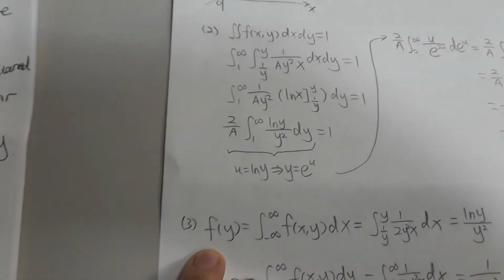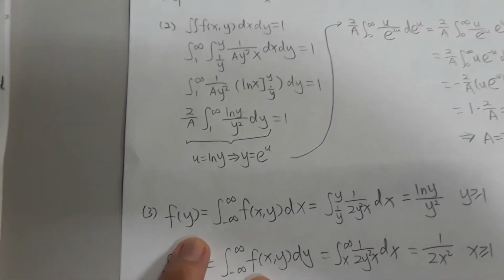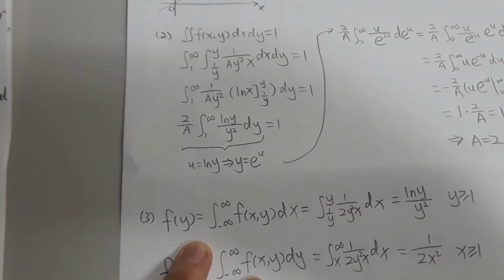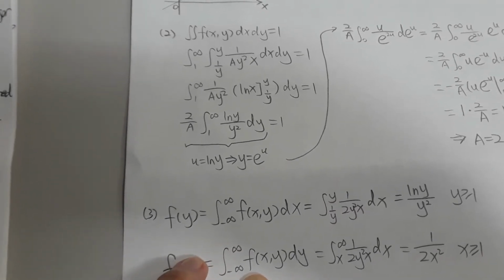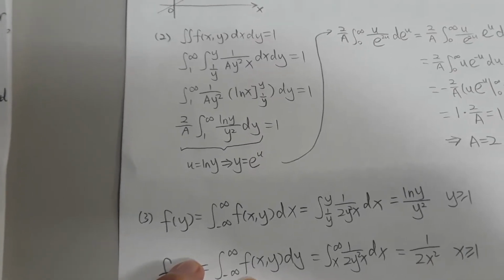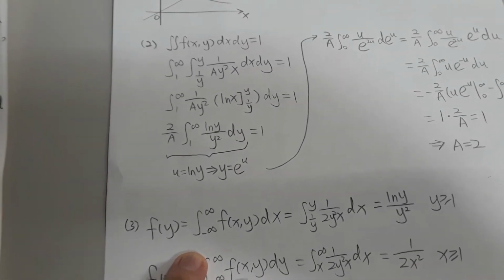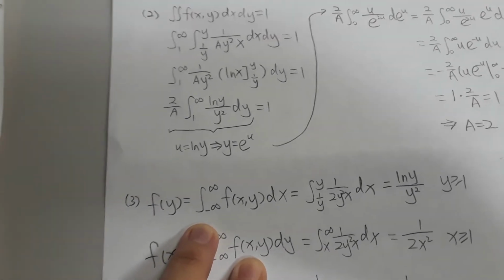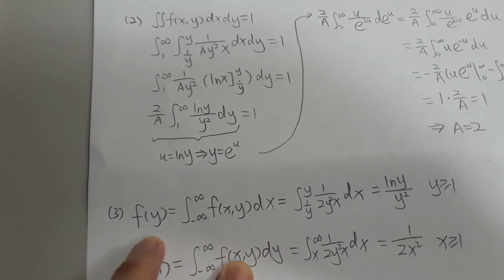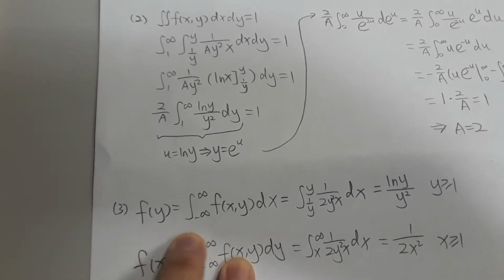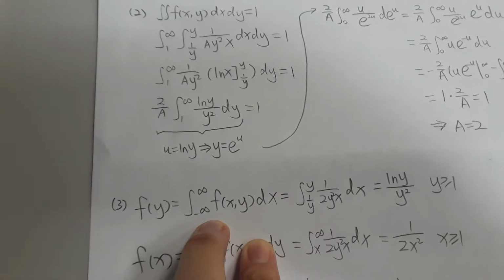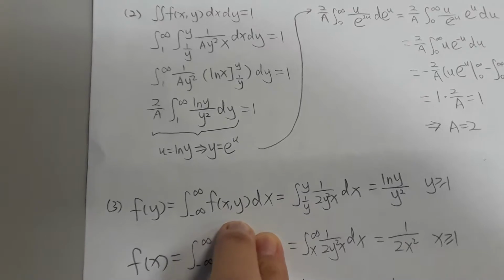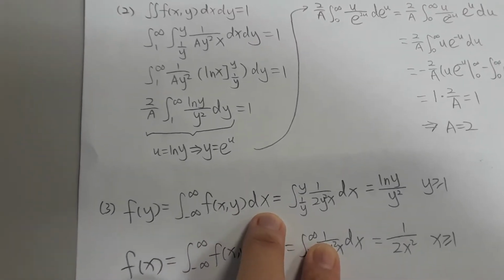Then in question 3, to find and draw the marginal density functions of fx and fy, we need to use the definition of a marginal function. That is, f(y) equals the integral from minus infinity to infinity of f(x,y) dx.